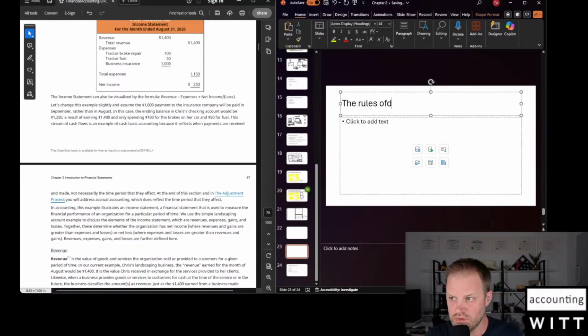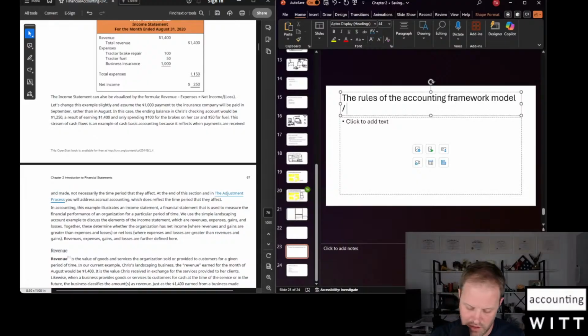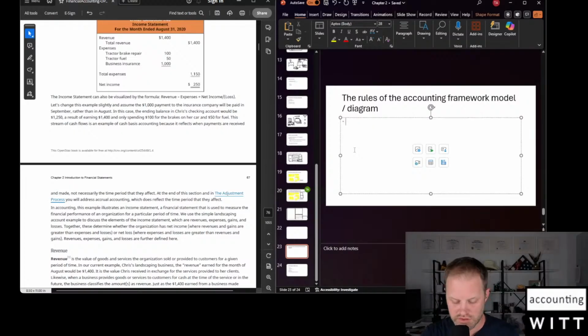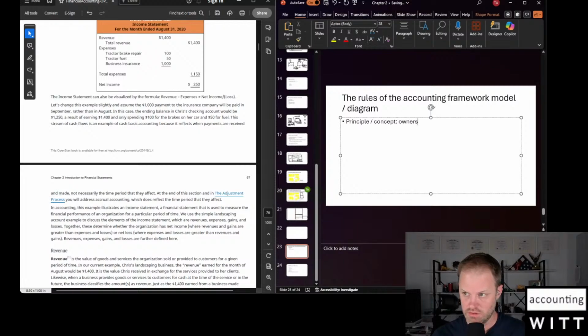The rules of the accounting framework model / diagram. What are we going to call it? And the rules of that are, so principle or concept number 1 is owners versus creditors.